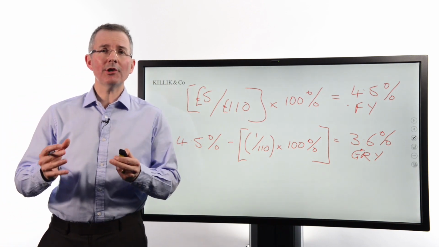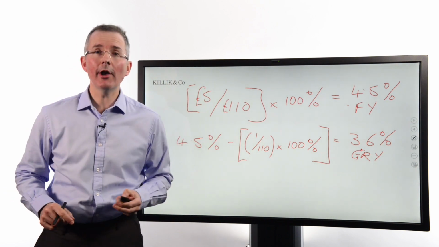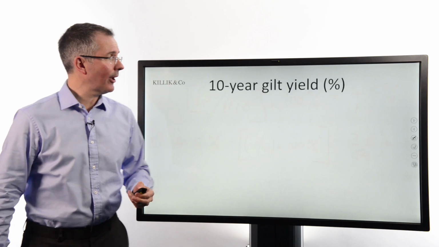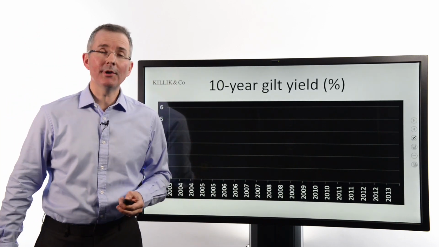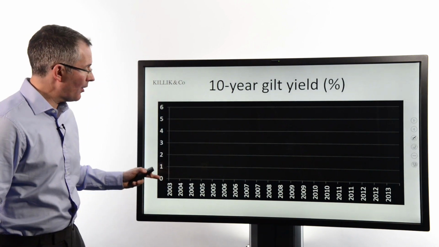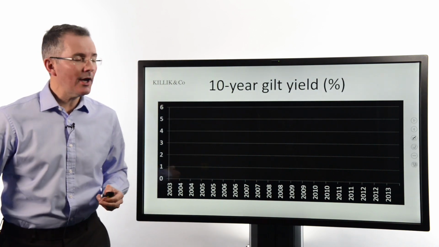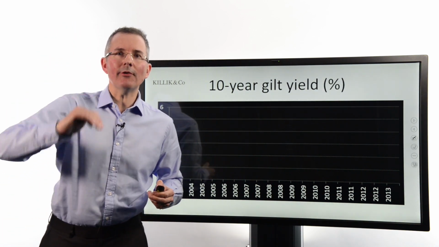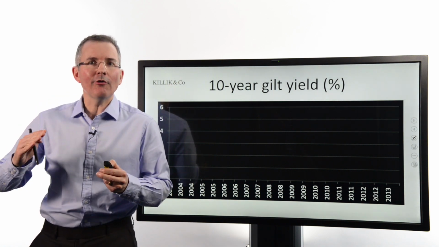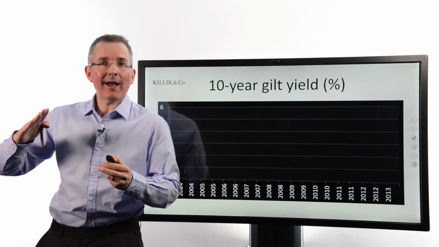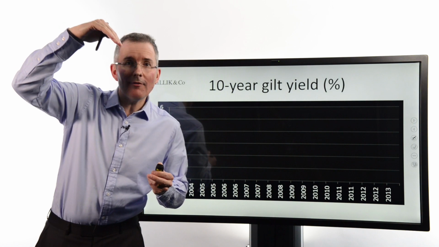So let's take a look at British government IOUs and just see what's actually happened to that second return over the last 10 years or so. Okay? Here it is, the 10-year British government IOU, the gilt, over a number of years, about 10 years on the x-axis there. And I suppose not surprisingly, as people have piled into these things seeking a safe haven, because governments don't often go bust, as central banks have bought these things, those two factors have put buying pressure on, driving the price of these things up, which will tend to drive the yield down.